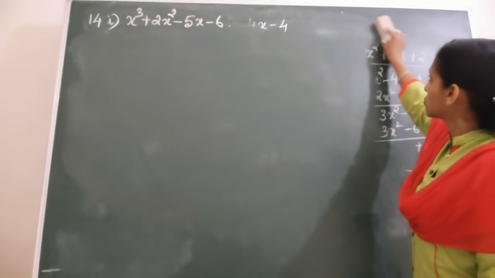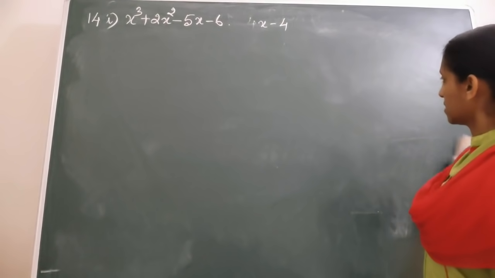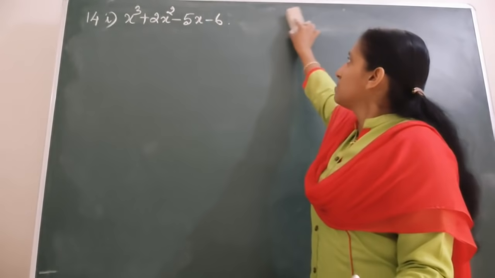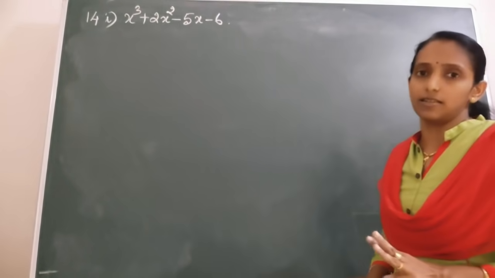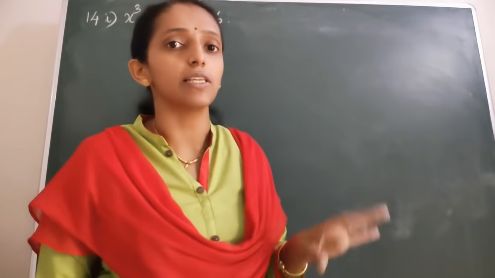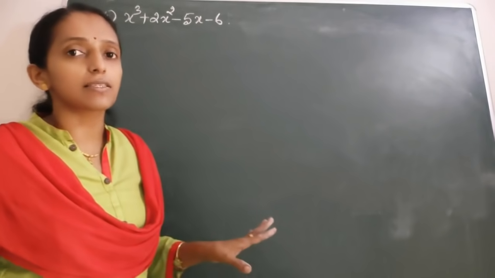Going through the degree, what is the degree of the polynomial given here? The degree of the polynomial is 3. It means that this polynomial has 3 factors, and you have to find all these 3 factors. Nothing is given. Only that we have to factorize completely.